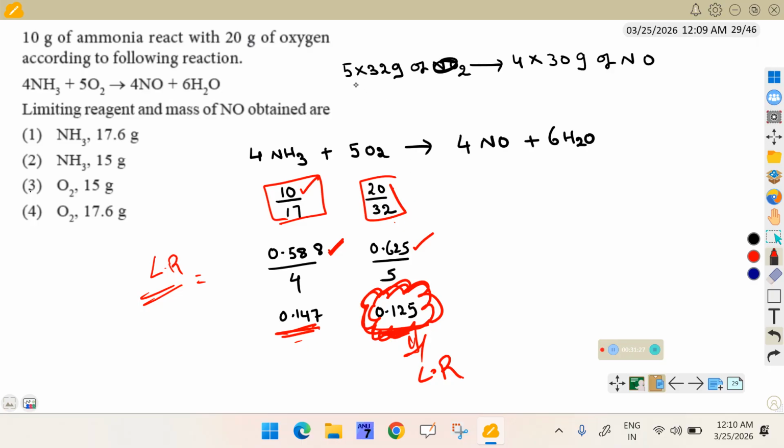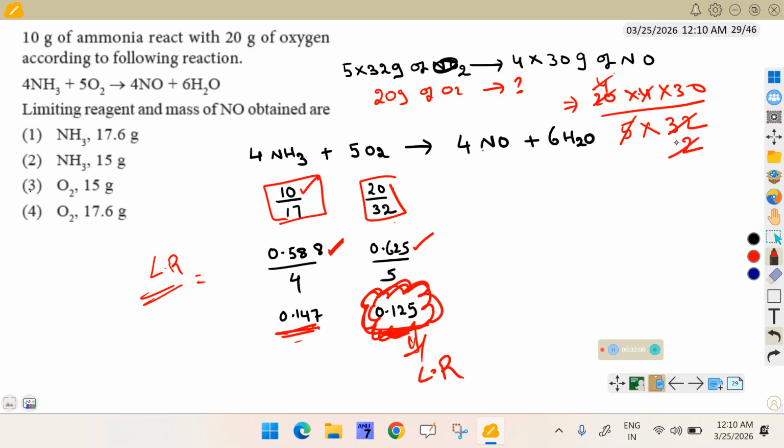According to this equation, 5 into 32 grams of oxygen gives 4 into 30 grams of NO. Then for 20 grams of oxygen, how many grams of NO are formed? 20 into 4 into 30 by 5 into 32. 5 4's are 20, 16 2's are 32, 15 times, so 15 grams. O2 and 15 grams is the correct answer.